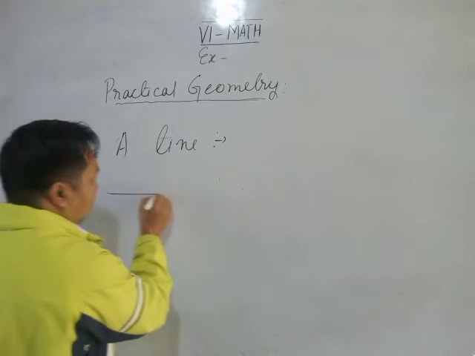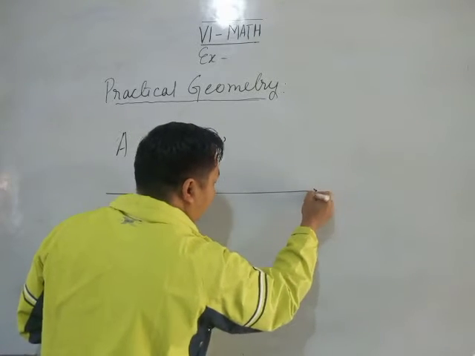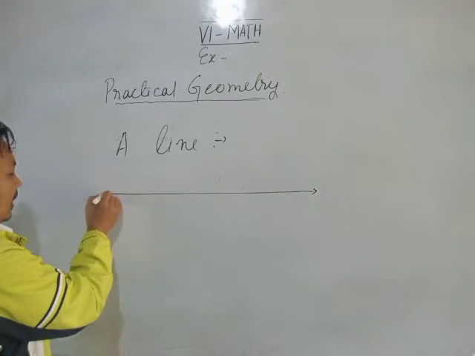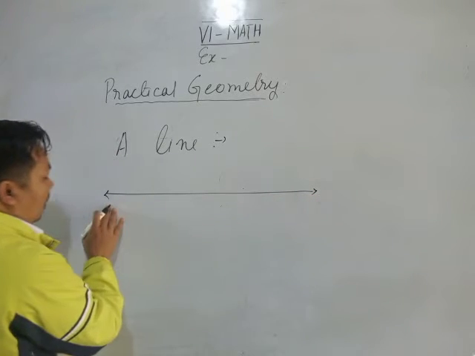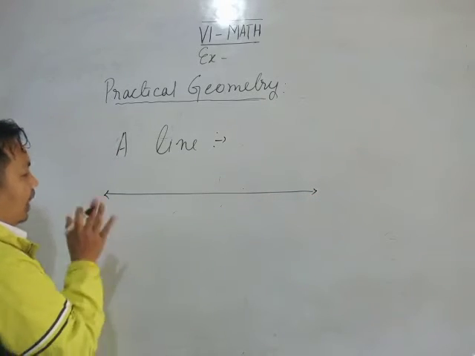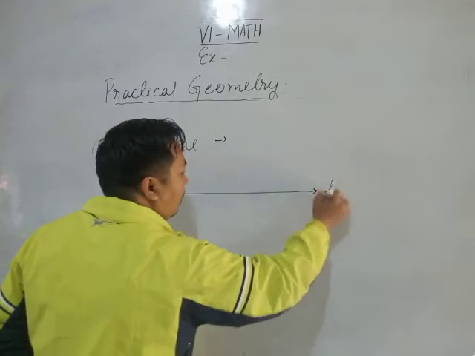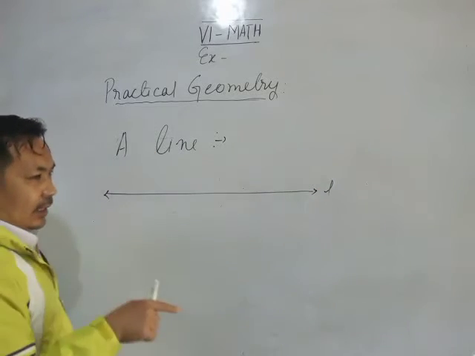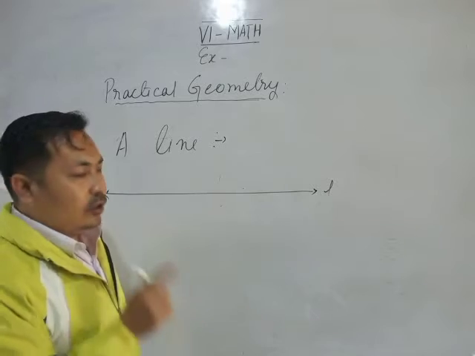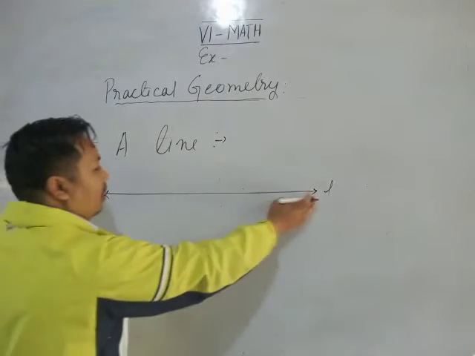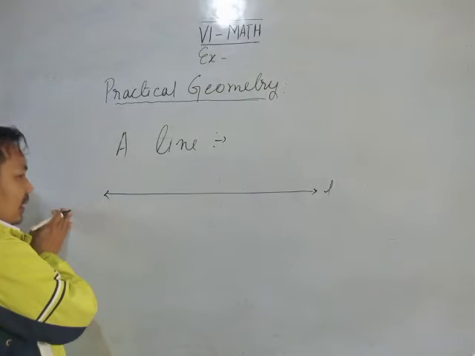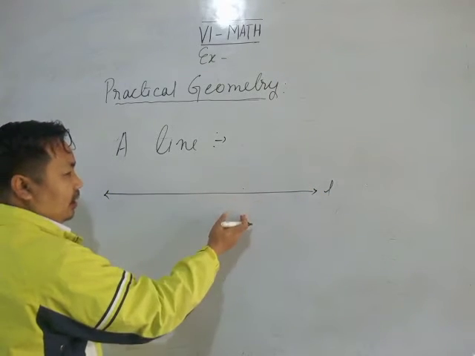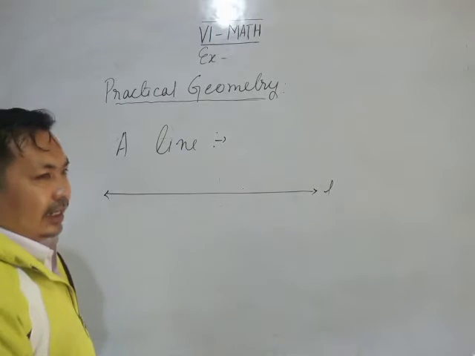We construct a line with the help of a ruler or scale, and we put arrowheads at the ends, and this is called a line. A line can be named L or M or N. So this is line L. Line L extends in both directions, in this direction also and this direction also, endlessly.